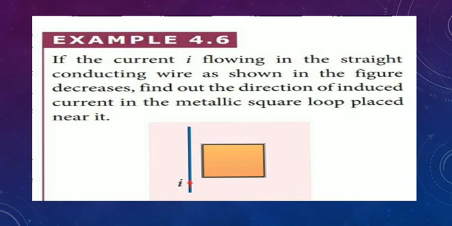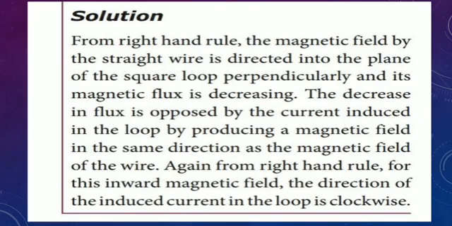Okay, students, there is no data, therefore we have to apply the concept of induced current and induced EMF. From the right hand rule, what is the right hand rule? Thumb finger, middle finger and fourth finger are mutually perpendicular to each other; the thumb gives the direction of motion of the conductor, the fourth finger gives the direction of magnetic field, and the middle finger gives the direction of induced current.